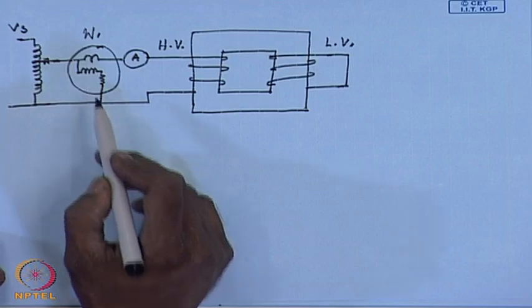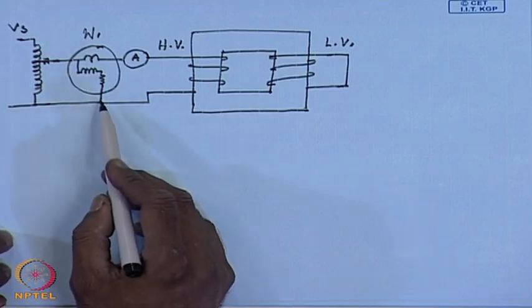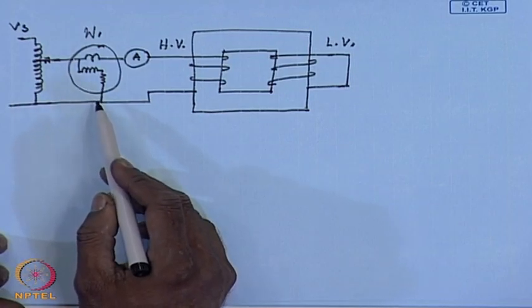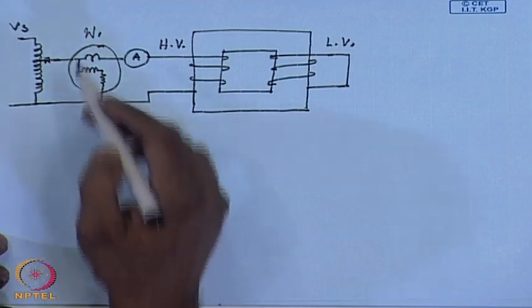It is usually between 5 to 10% of the rated HV side voltage, and that is another reason why the short circuit test is performed on the HV side, because one does not need to apply the full HV voltage, only a very small fraction of the HV voltage is required. But the wattmeter potential coil should be sensitive enough to give accurate reading at that small voltage.